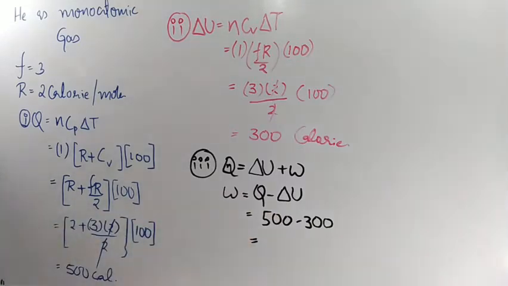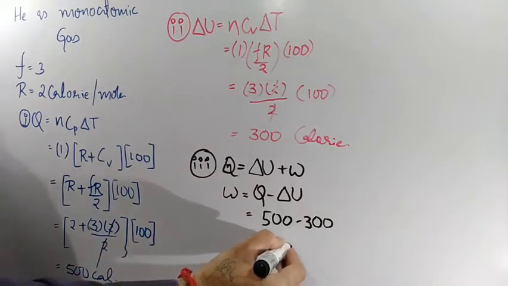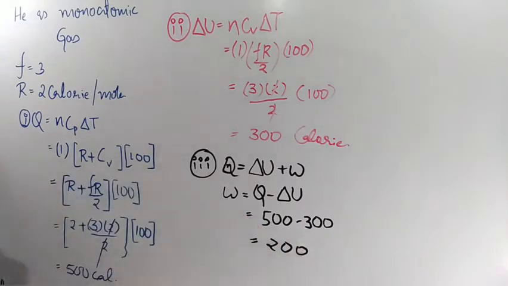Work done value will be 500 minus 300, means value will be 200. Clear? 200 calorie. Clear? Copy this down. I'll be erasing the board. Is that clear? Okay.